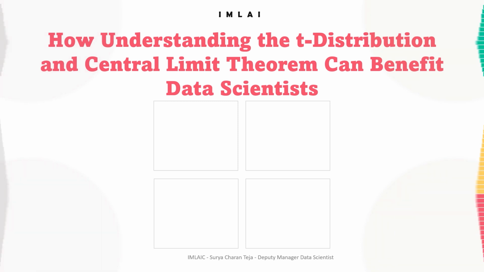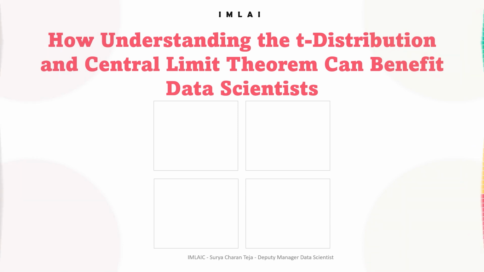And similarly, the central limit theorem, CLT, is a fundamental concept in statistics that states that the distribution of sample means from any population approaches a normal distribution as the sample size increases, regardless of the shape of the population distribution.